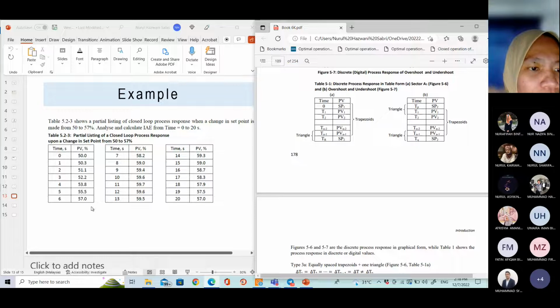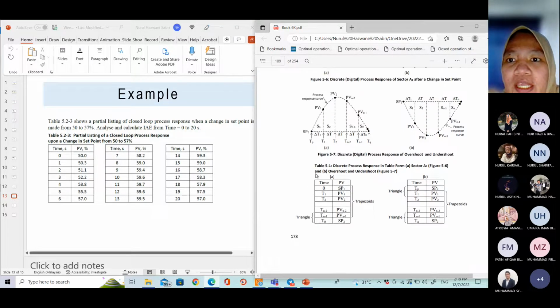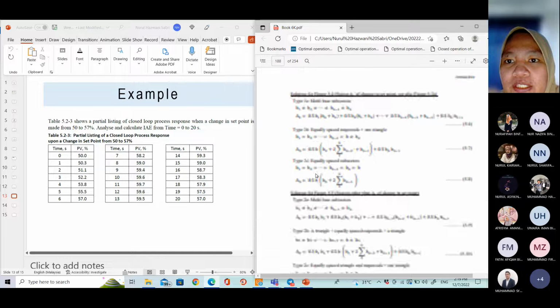From here we can see that the set point is reached at time equal to 6 seconds. You see at 6 seconds, your process response reaches the set point, which is 57. So basically you can imagine that your response is like this.